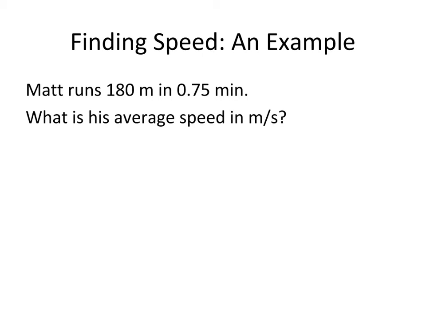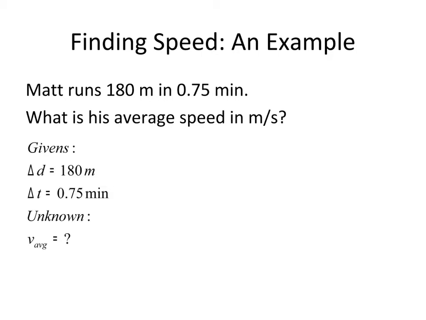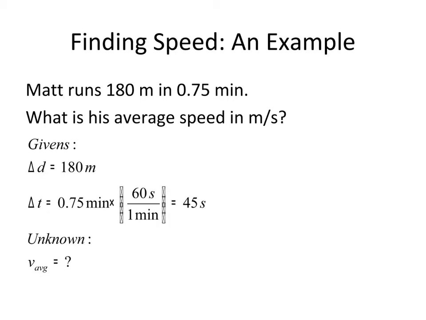Let's try an example. Matt runs 180 meters in 0.75 minutes. What is his average speed in meters per second? Well, Gus would write down the given values first, so that's what we'll do. Distance is 180 meters, time 0.75 minutes, and our unknown is average speed.